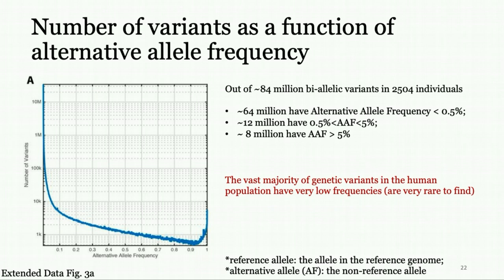What if we look at the variants we observe in a single genome? In a single genome, we know there are about 5 million genetic variants, and we ask, are those variants common in the general population? Out of the about 5 million variants in a single genome, the majority of them are quite common.